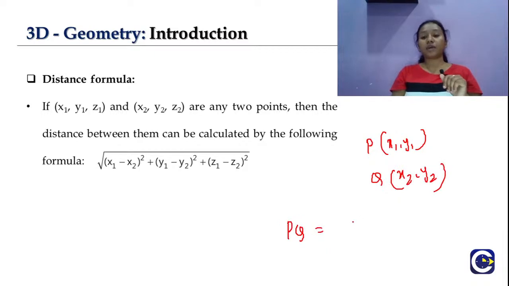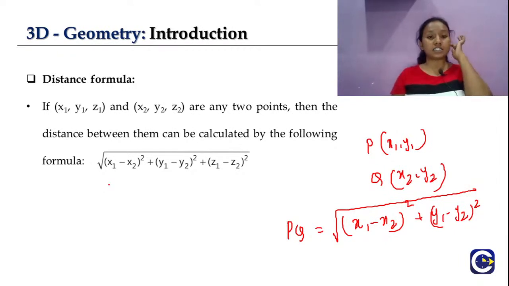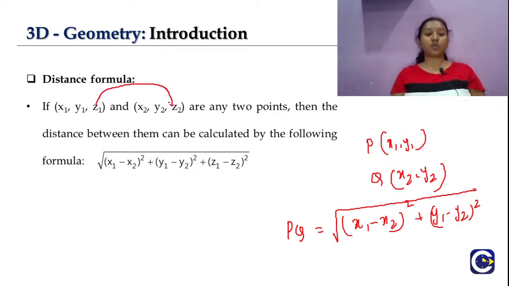PQ will be given by the square root of (x1 minus x2) whole square plus (y1 minus y2) whole square. So the same formula will be applicable even in 3D geometry in order to find the distance between any given points. The only difference here is we will have one new coordinate, which is the z.